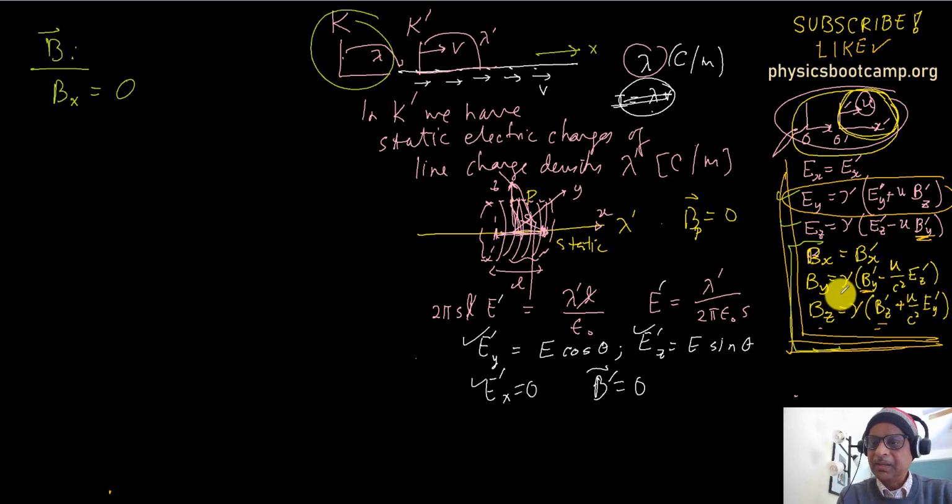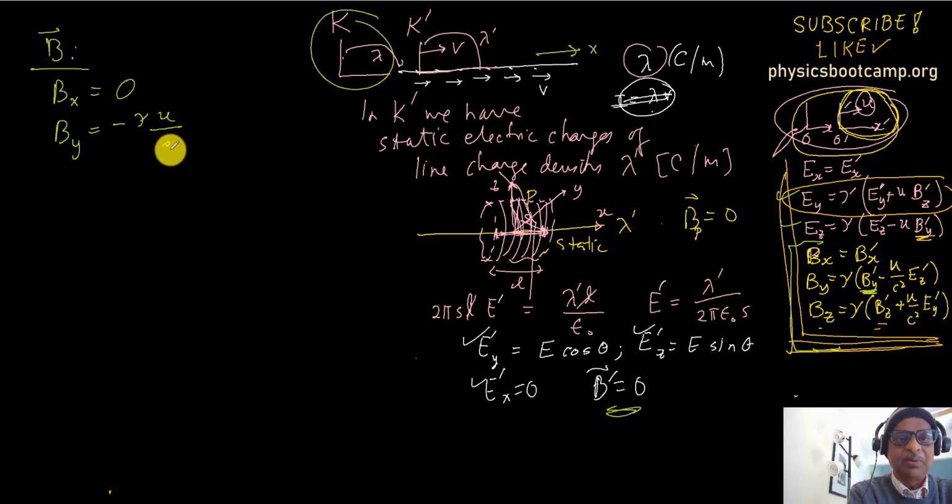And then By, this will be 0 because there's nothing there. And then you'll have a minus gamma v over c square, and Ez prime is going to be E sine theta.